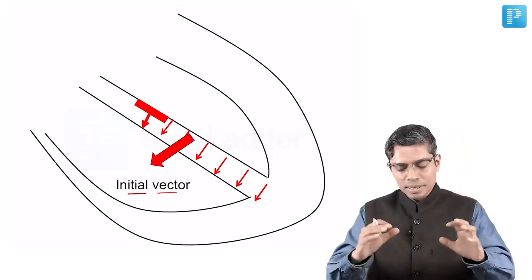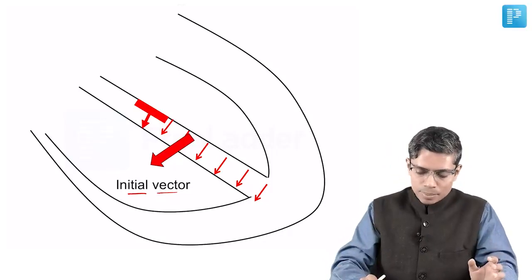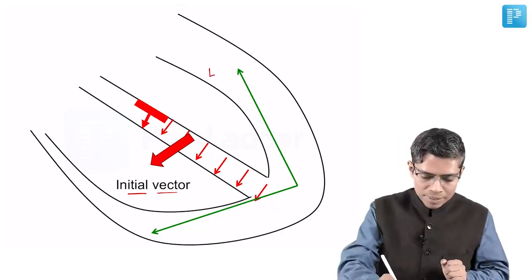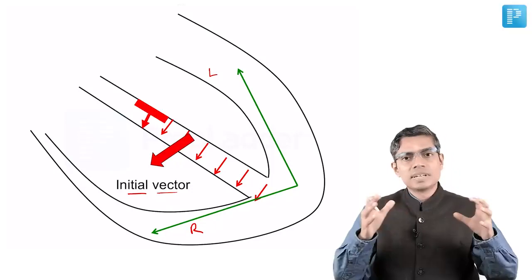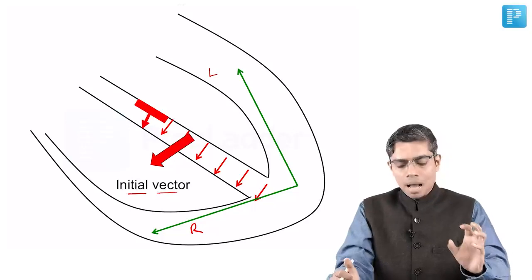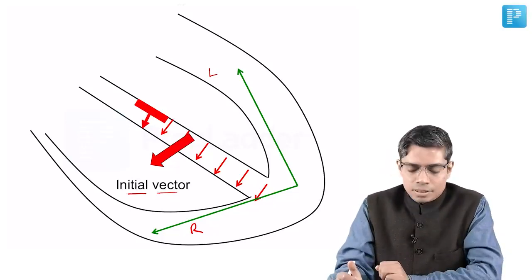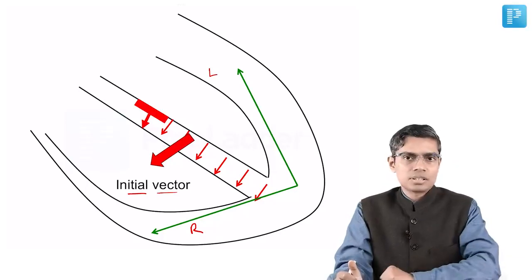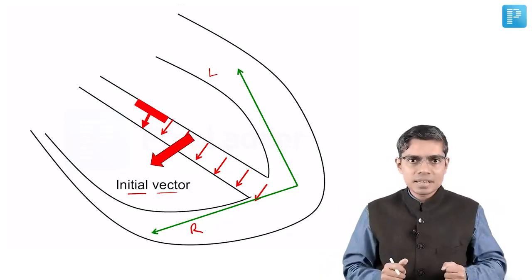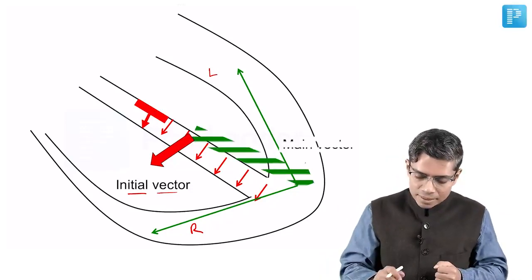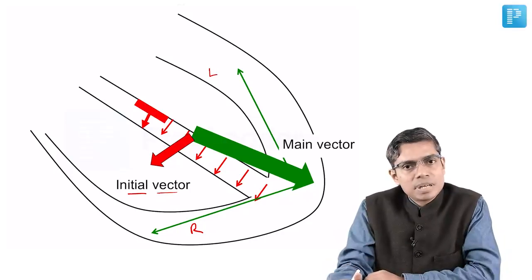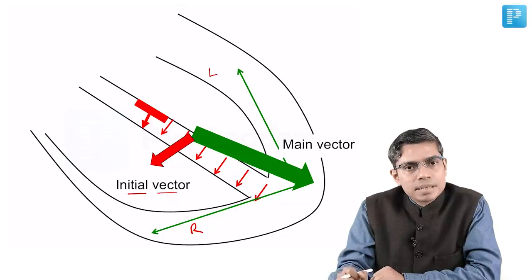Then all of you know that once the apex is depolarized, next both ventricular muscles are going to be depolarized simultaneously. This is your left ventricle, this is your right ventricle, and both ventricular muscles are depolarized simultaneously, right? While this simultaneous depolarization of the muscle is going on, there will again be creation of an instantaneous mean vector, and that vector is directed like this, which is known as the main vector.